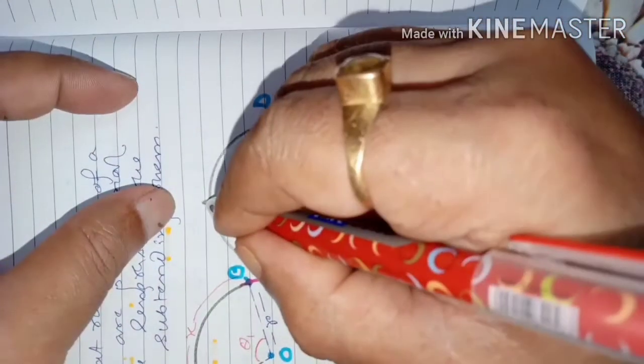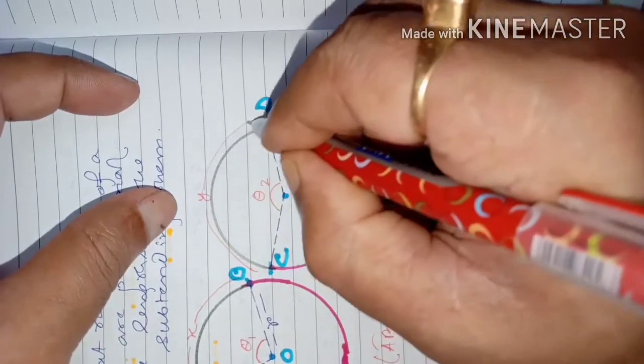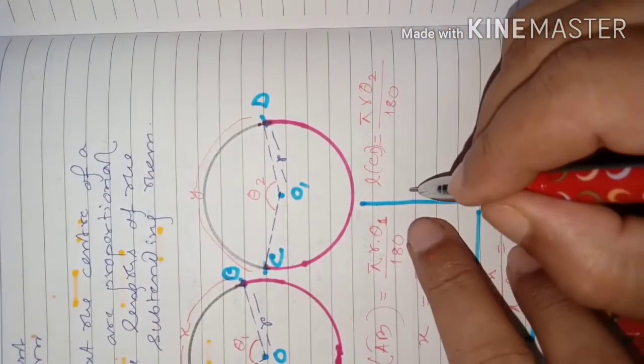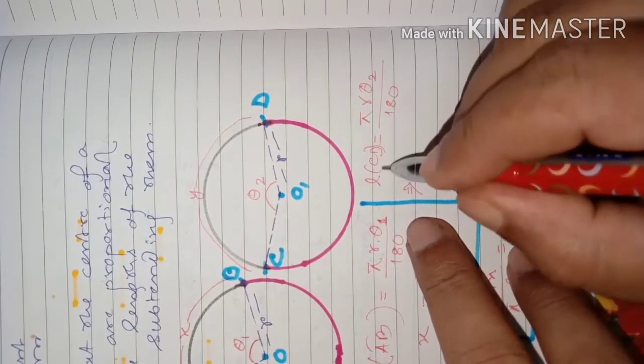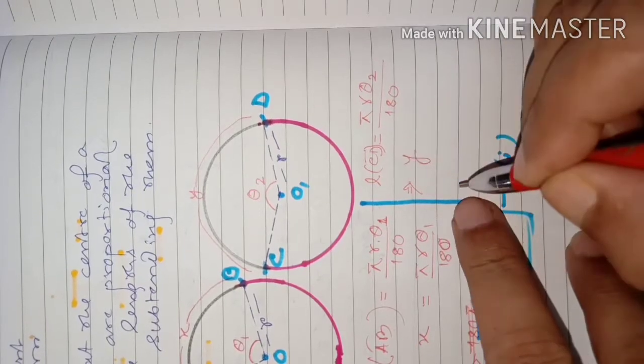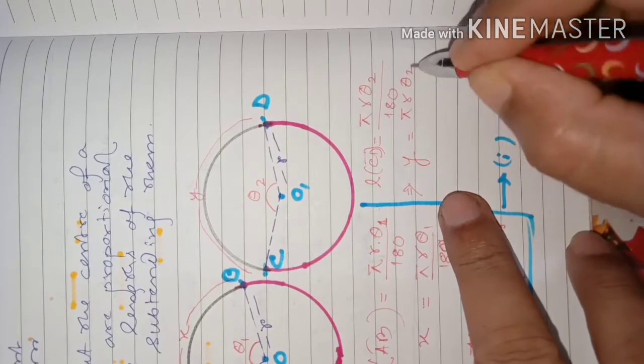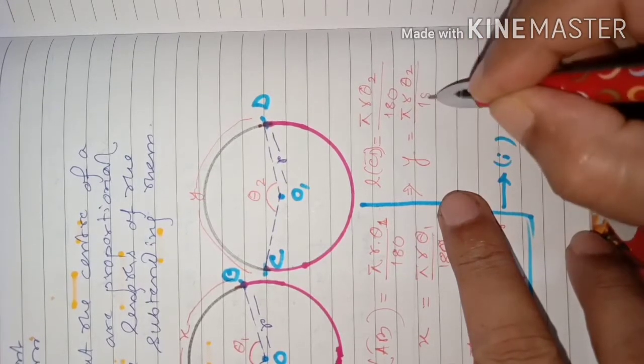Suppose we consider the length of this arc CD as y, just for my convenience, because writing L of CD is a little long. So let us write y. Y is equal to pi r theta 2 by 180.